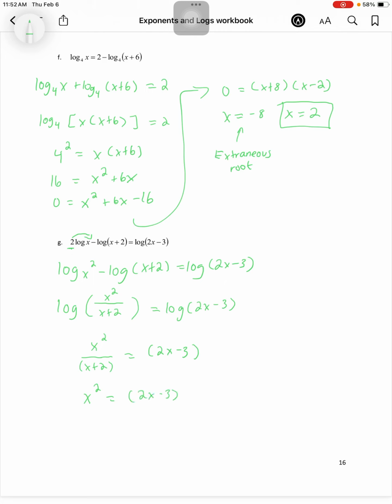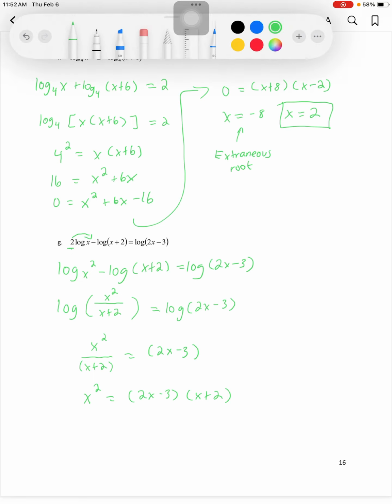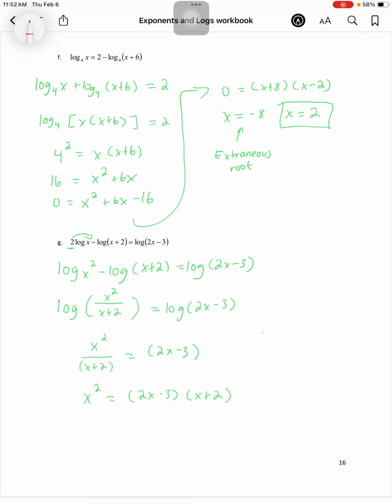So we're going to have 2x minus 3 times x plus 2. I'm going to write in red what some students do, and this is wrong. The red means wrong. Do not do this. Some students will write x squared equals 2x minus 3 times x plus 2, and then they would only FOIL the negative 3, which would give you a wrong answer.